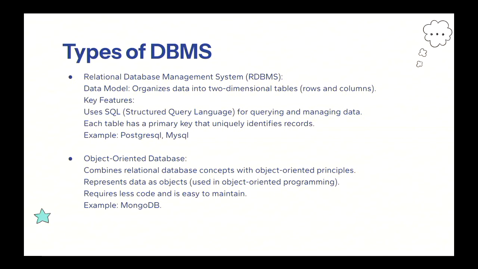So basically, this type of database will keep track of all the data as objects. It requires less code and is quite natural to keep things as objects. That's why it is very popular nowadays, and I believe most of you have heard about it. A typical example here is MongoDB.